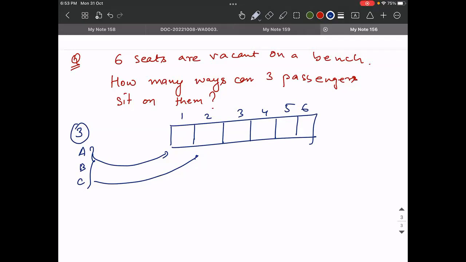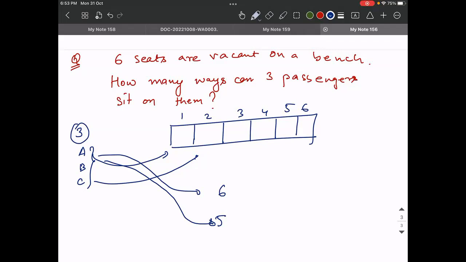See, in how many ways can A sit? Where can A sit, which place? Any, right? So for A, there are 6 possibilities; A can sit on any of the 6 seats. Now, if A has already occupied one seat, how many ways can B sit? 5. And C has 4 seats because now only 4 seats are remaining.